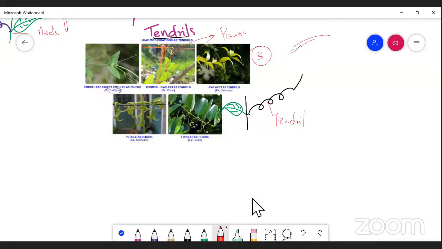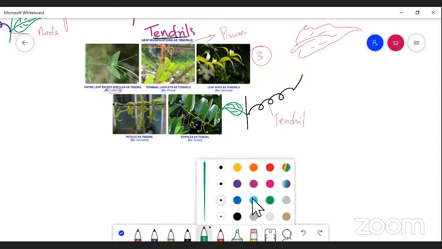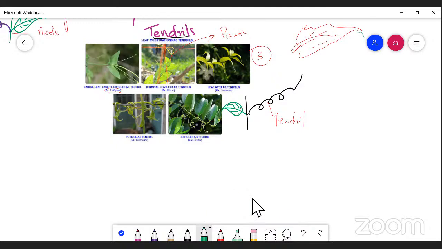Now this is a leaf, right? And this is the apex of the leaf, my dear student. Please understand. This is called the leaf apex. This leaf apex, or growing point of the leaf, is modified into a tendril.